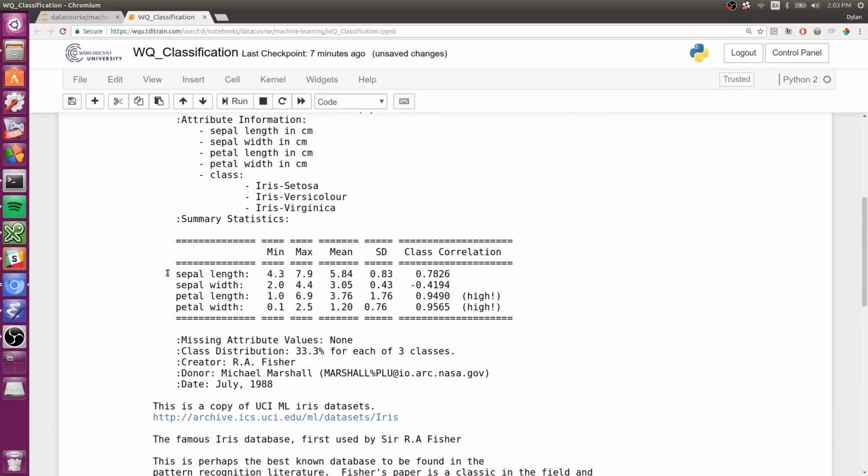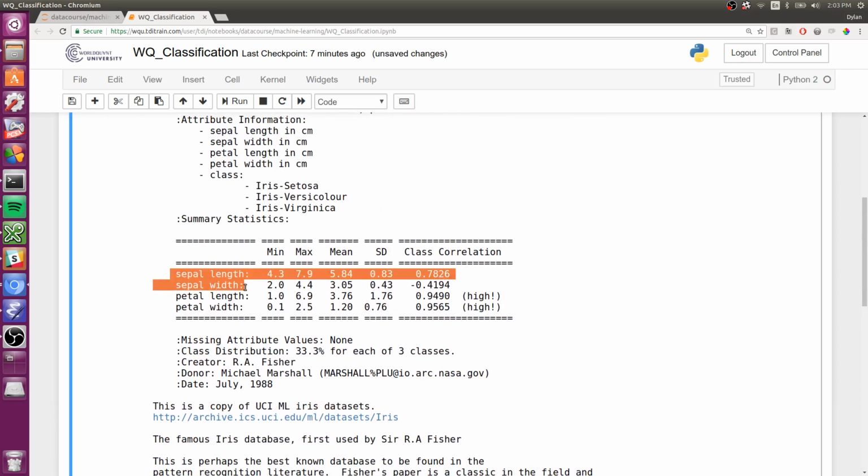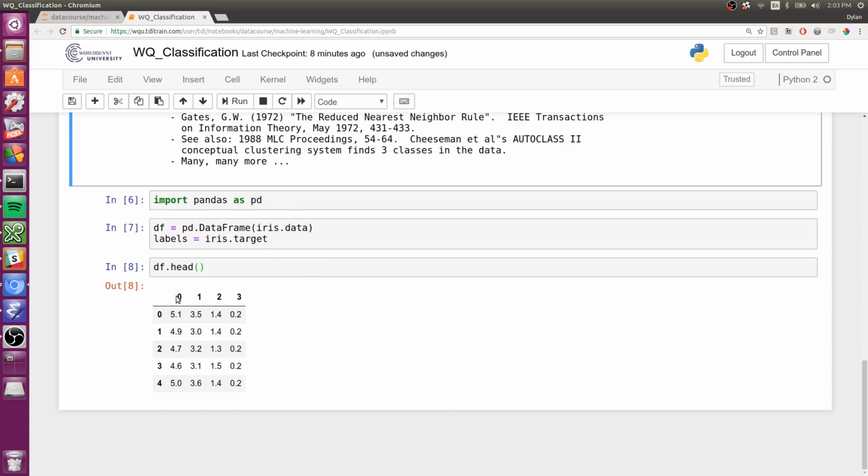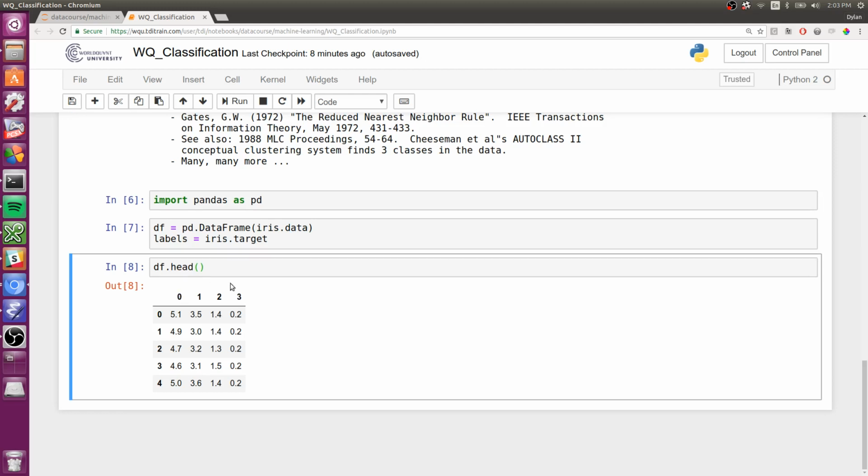As I was just describing, I don't really know what these things are. They don't particularly have meaning to me. I know what length and width mean, of course, but there's no, in my mind, significance about these quantities because I don't know anything about flowers. So let's just assume that we have a collection of measurements for a variety of objects.